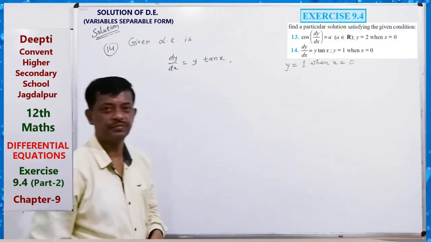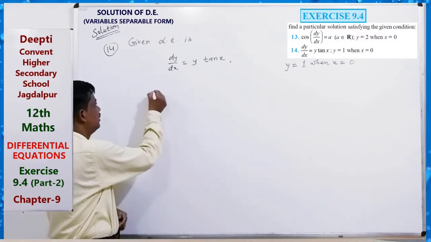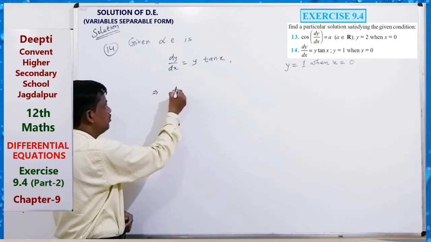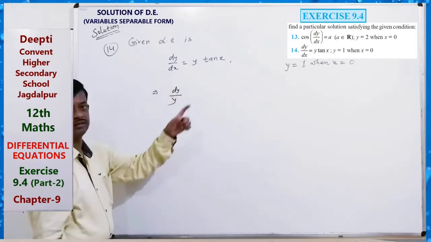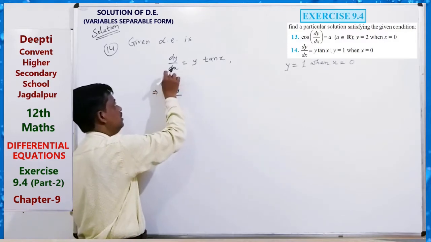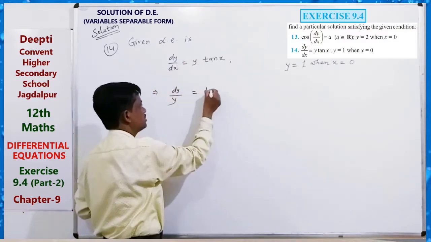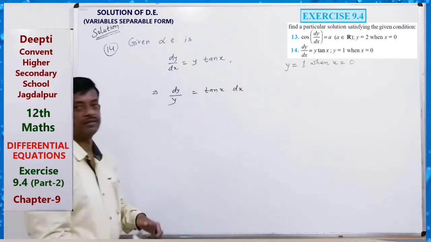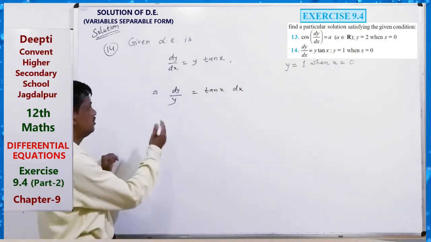So dy upon y, take y with dy, transfer to here, and dx is here, tan x dx. Very well separable. Now we can integrate.